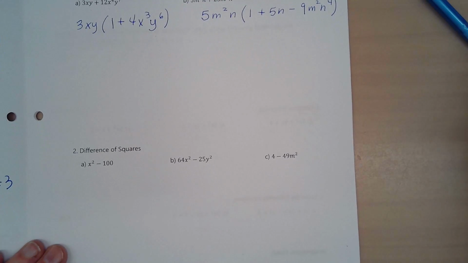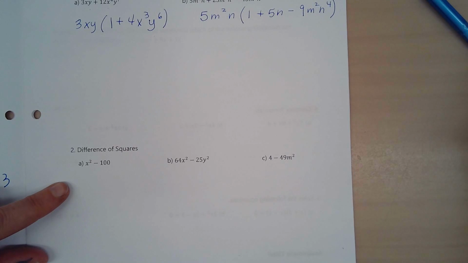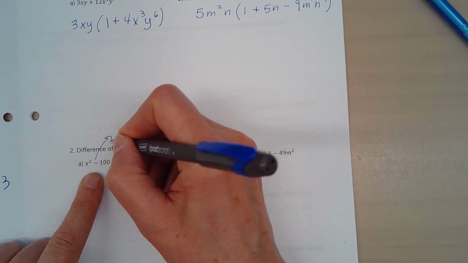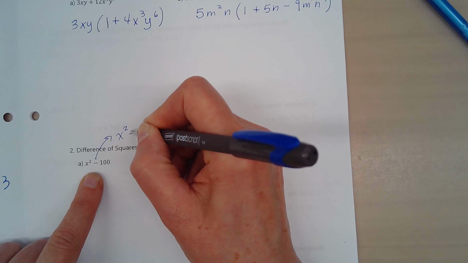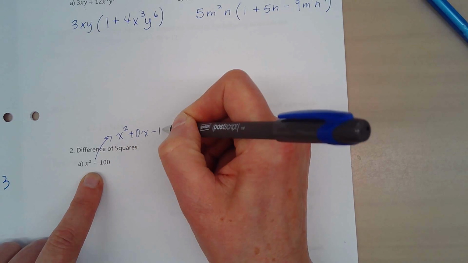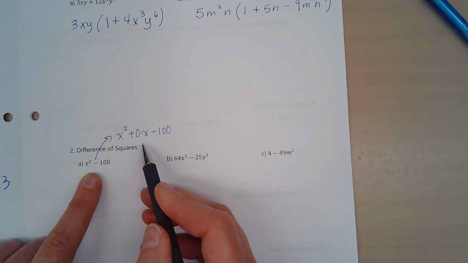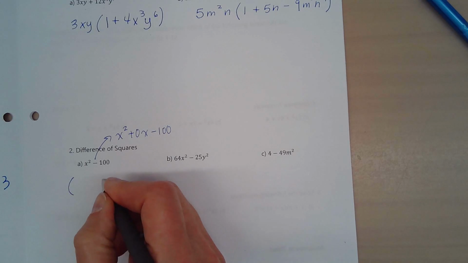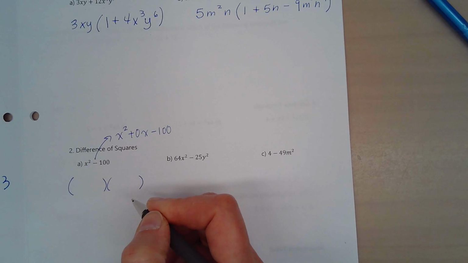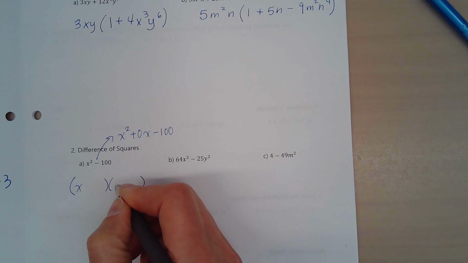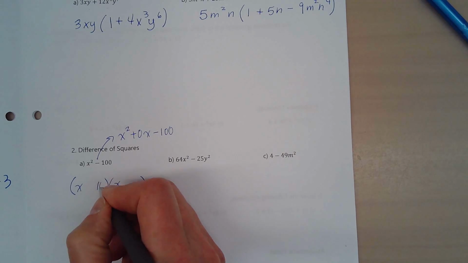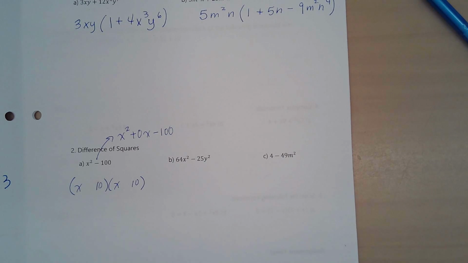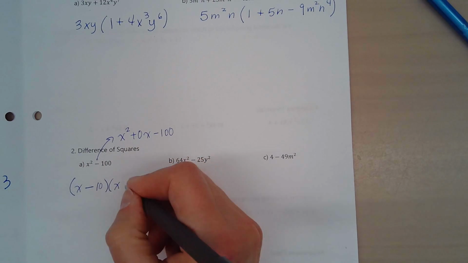Difference of squares occur a lot. Do you remember your difference of squares have a 0 middle coefficient? In reality, this started out as x squared plus 0x minus 100. But to rewrite it, we would never have that 0x. The only way to get a 0 middle coefficient is if your second terms cancel each other out in the middle. How would they cancel each other out if one was a minus and one was a plus?